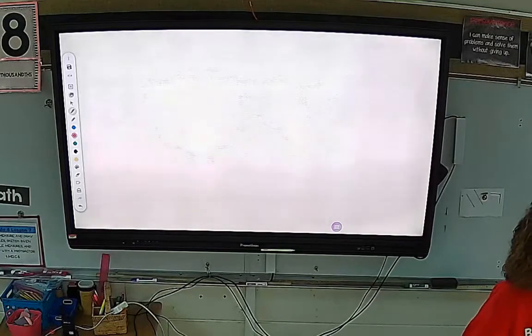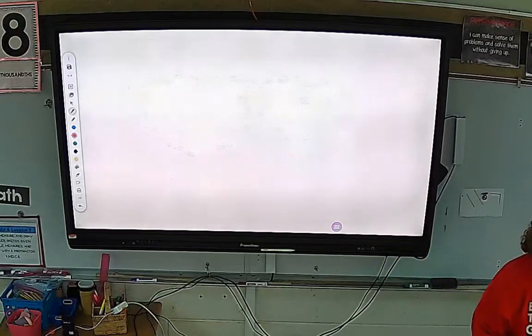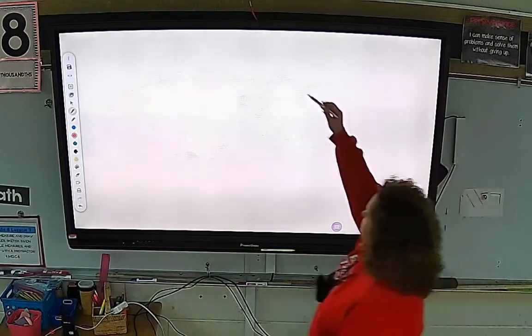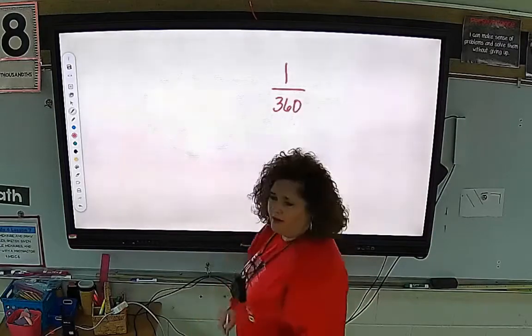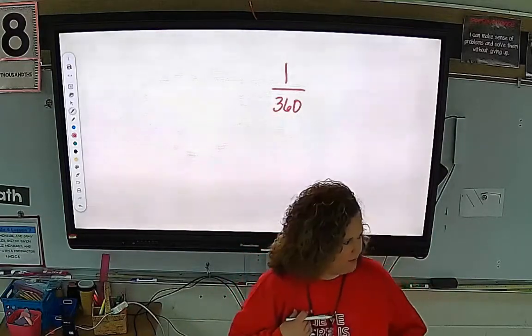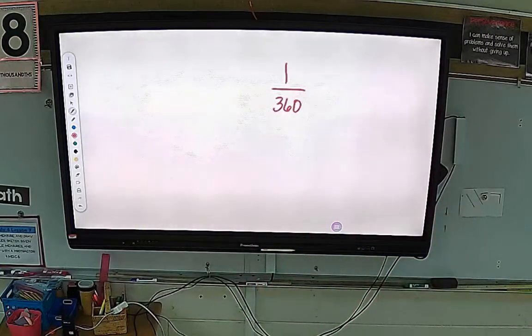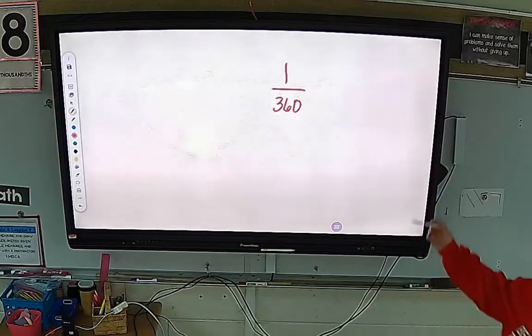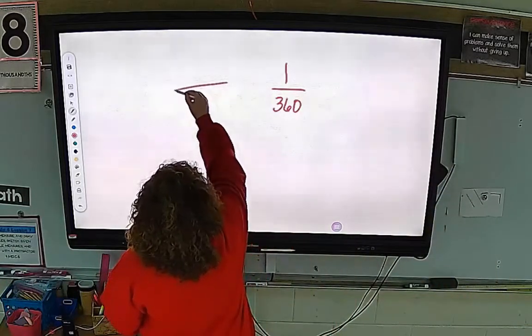Think about how many degrees are in the whole thing. And we've got a 1 degree angle. 1/360. Now, it is rare that we are going to work with a denominator that large. But because we're talking about how many degrees are in the whole circle, if my angle were just 1, boy, I don't even know if I could draw that.